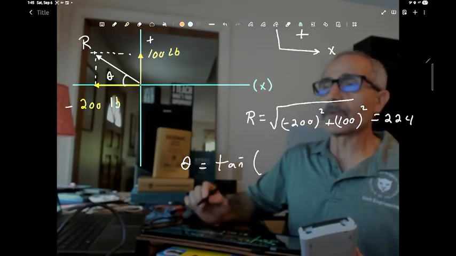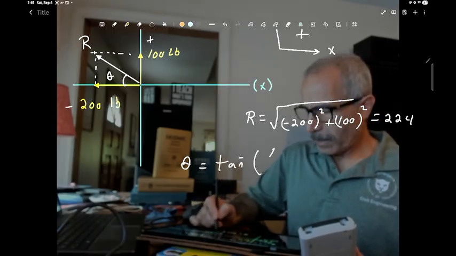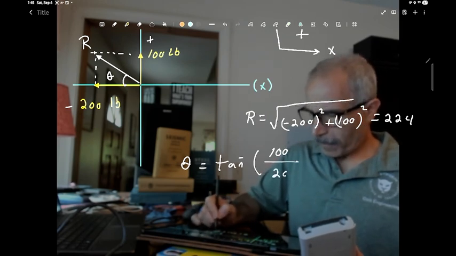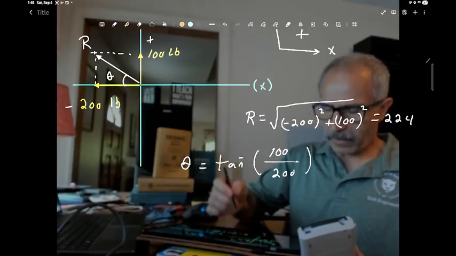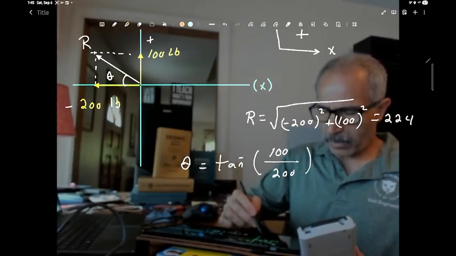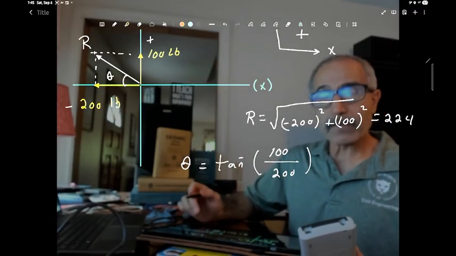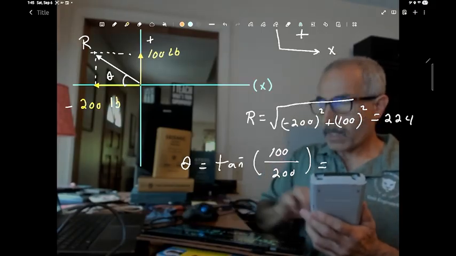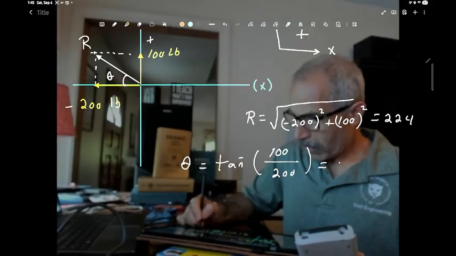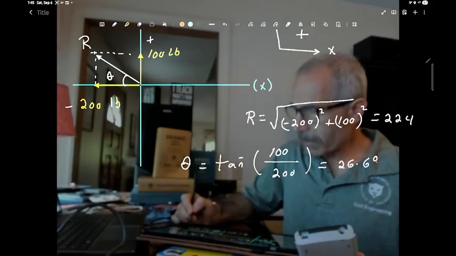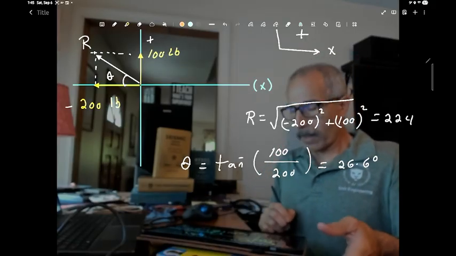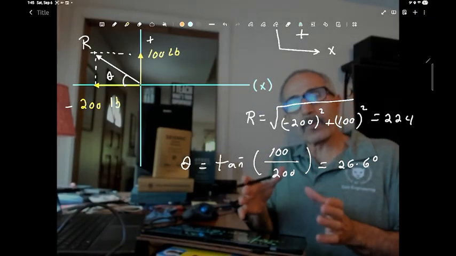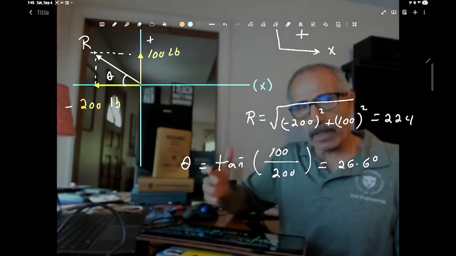Now opposite, which is basically 100, divided by 200. You don't have to put the sign convention here, just 100 divided by 200, the magnitude itself. And that's equal to 26.6 degrees. And this is as simple as it can get, but from here we can go ahead and do another example which is more complicated.